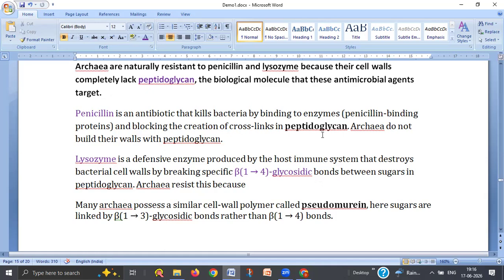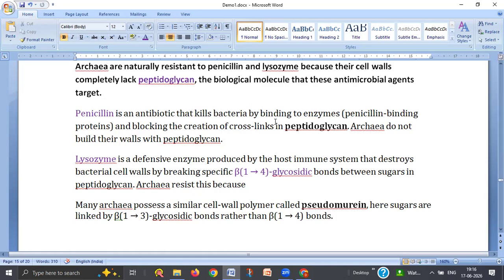There is no peptidoglycan. And also they have pseudomurein. That means instead of beta-1,4 glycosidic bonds in their cell walls, they have beta-1,3 glycosidic bonds. Because of these reasons, both penicillin and lysozyme cannot act on the cell wall of the archaea. They can act on the bacterial cell wall, but they cannot act on the archaea.